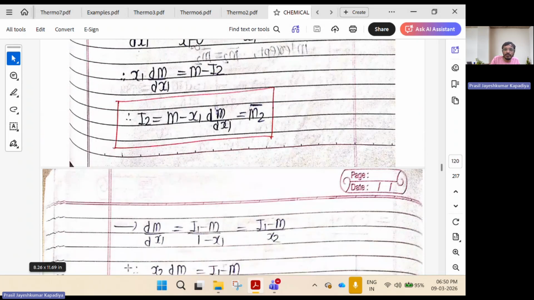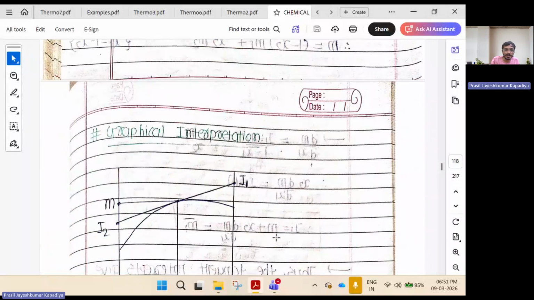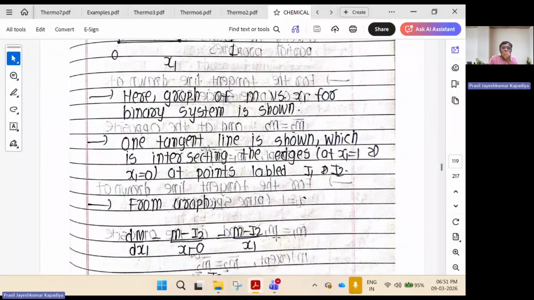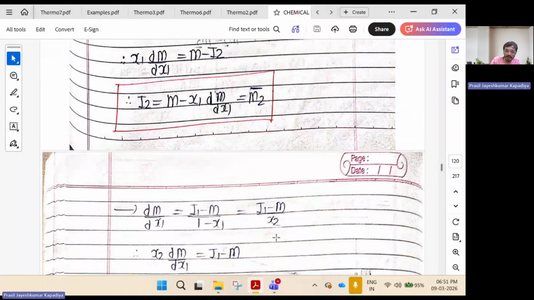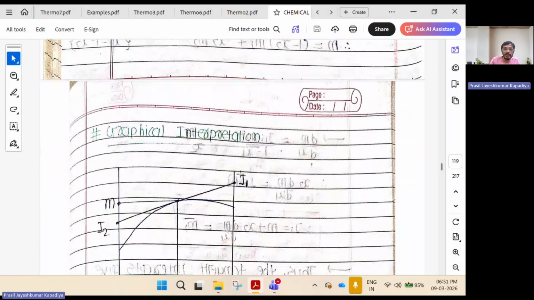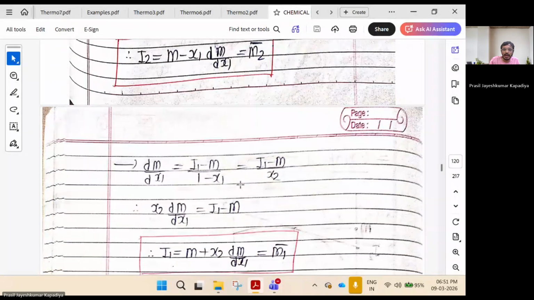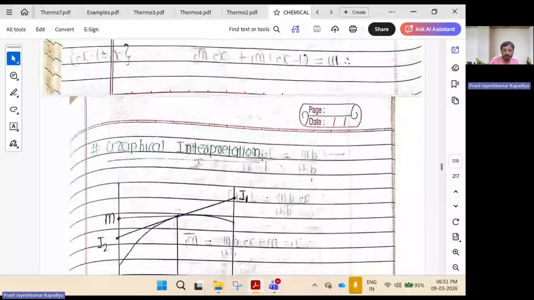Similarly, what we are getting from here, if I am plotting this m versus x curve, one intercept is going to give me the partial molar property of the second component, m2 bar. Similarly, for the other side, what will be my dm dx1? This slope will be equal to I1 minus m divided by 1 minus x1, correct?